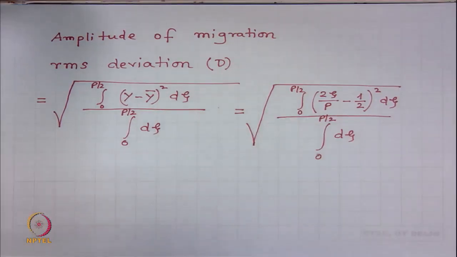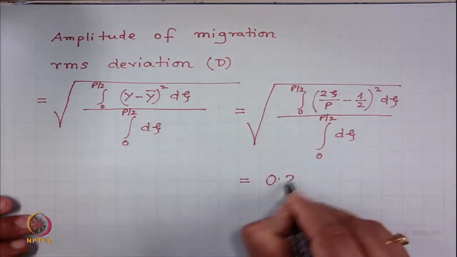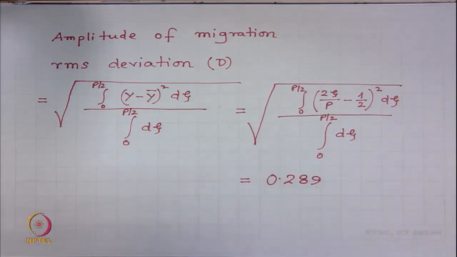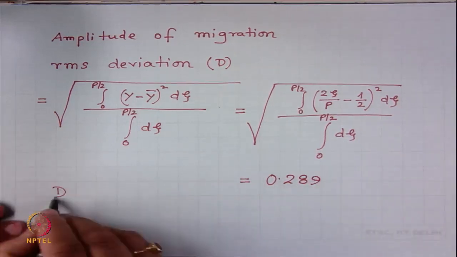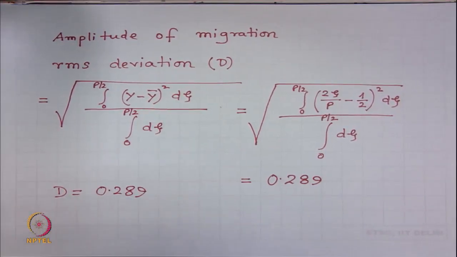So, if you integrate this, you will get this value. D is equal to 0.289 in this case. There is the amplitude of migration.